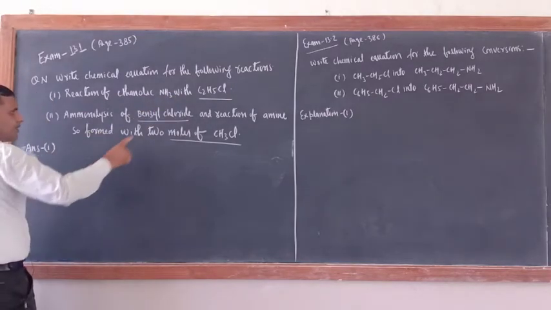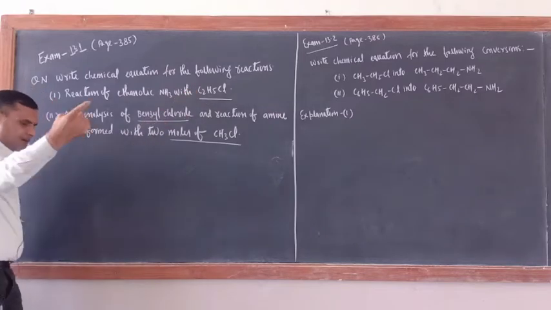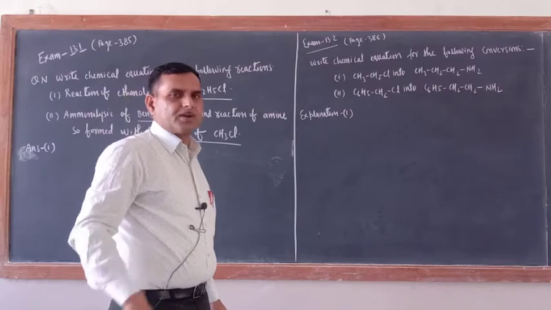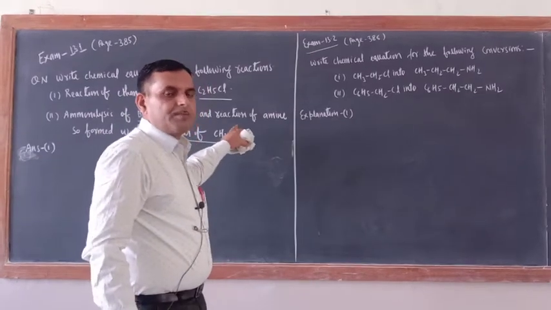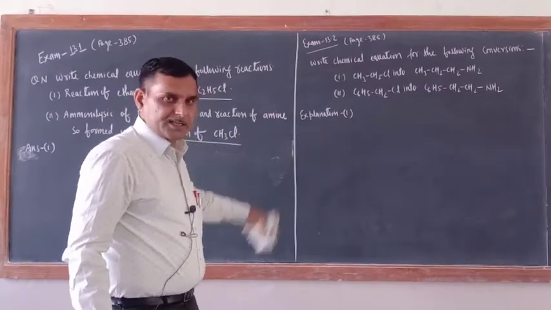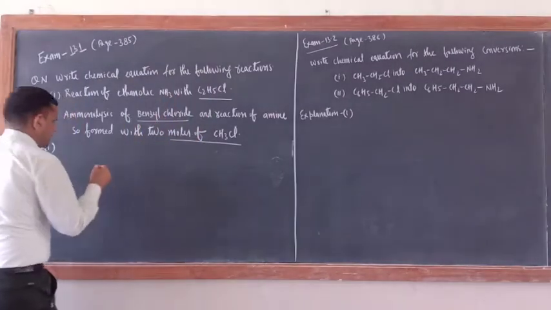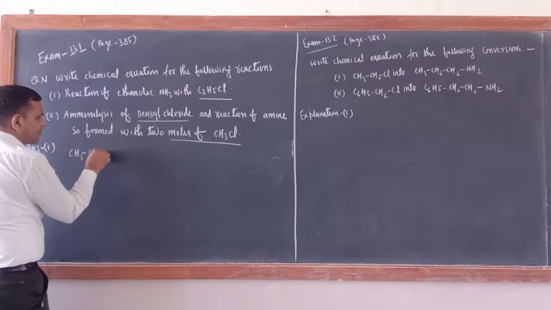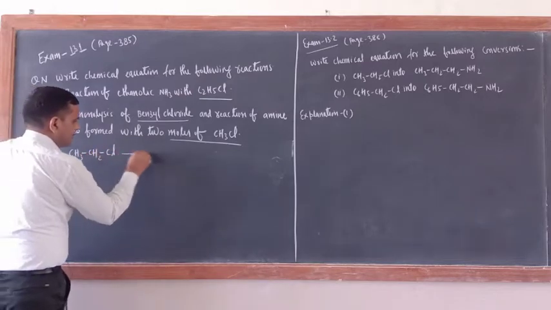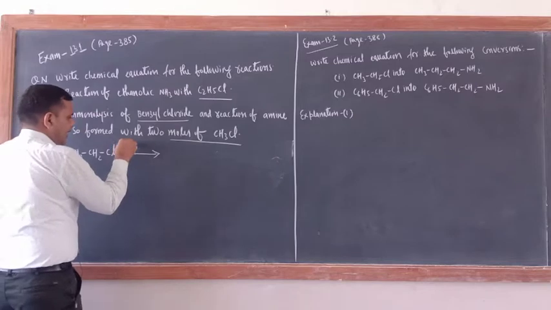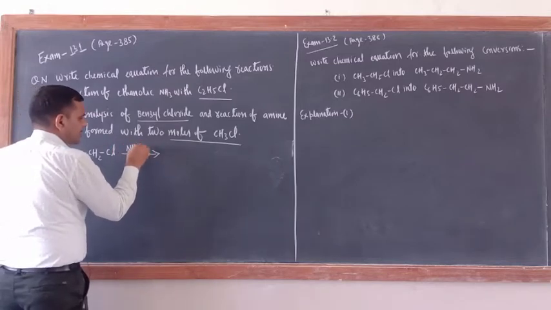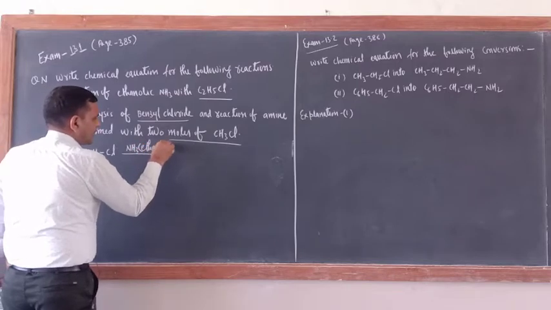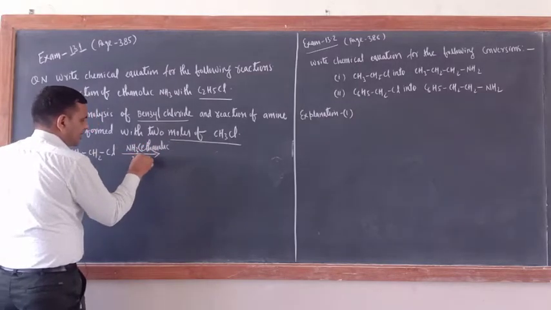You have to take this one in excess, because when I taught you ammonolysis, the alkyl halide, ethyl chloride, should be taken in excess quantity. So, first reaction: CH3CH2Cl reacting with NH3, ethanolic, that means alcoholic, at 373 Kelvin temperature.